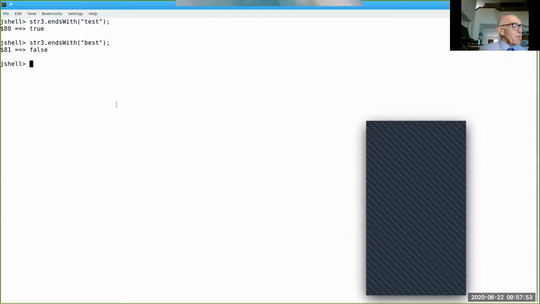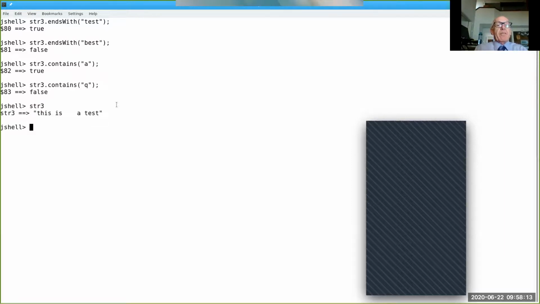So I can tell if something's at the beginning or end of the string. String3.contains, does it contain the letter A anywhere in it? The answer is true. Contains Q, the answer is false. There's no Q anywhere in there.